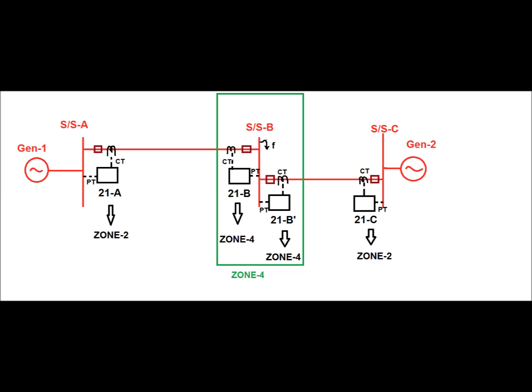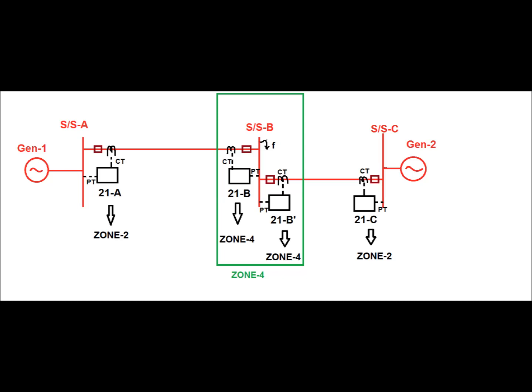If these relays fail to clear this fault, then only the 21B and 21B dash relays will trip the associated circuit breakers at substation B end for line segment BA and line segment BC respectively at zone 4 time, that is about 500 millisecond delay.